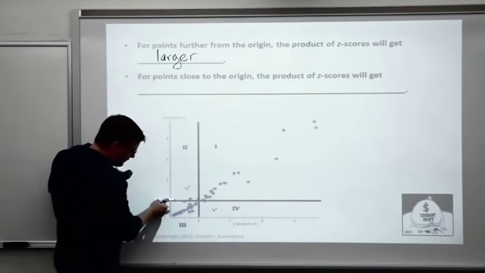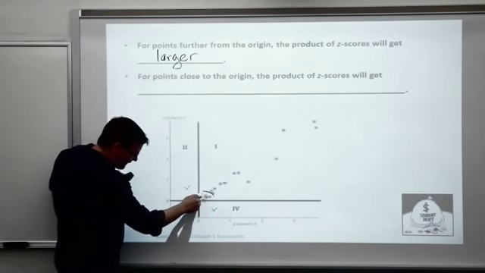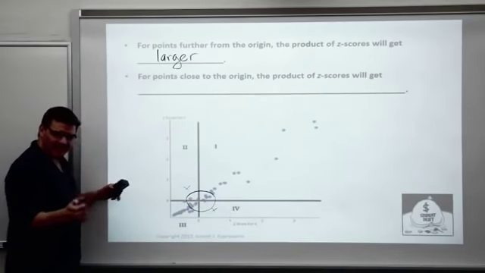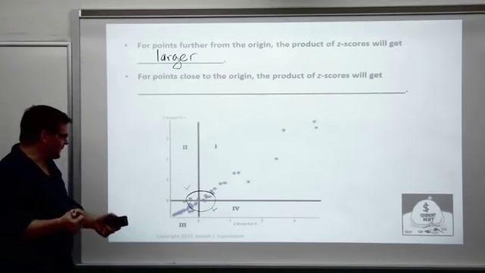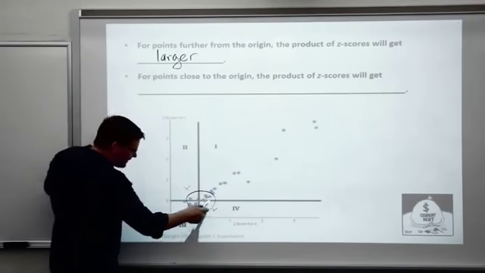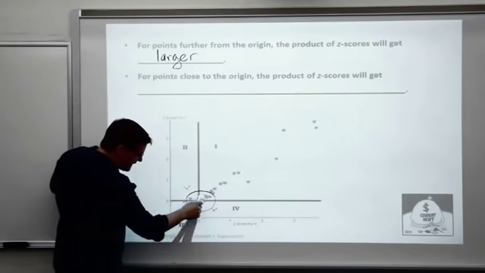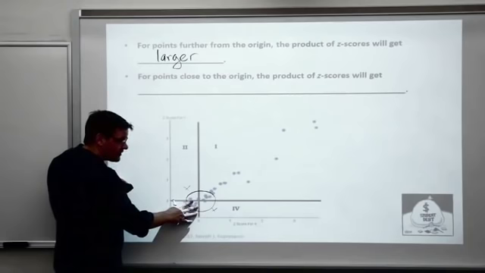This line is at 0. This line is at 0. What happens when I take numbers very close to 0 and multiply those together? Like a 0.3 times a 0.6. You'll get a number very close to 0. These numbers close to the origin actually have very little impact on the correlation coefficient.